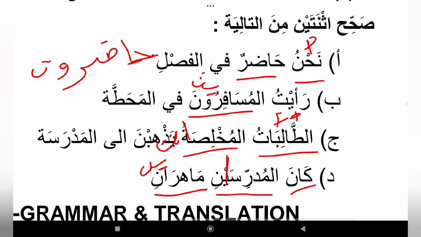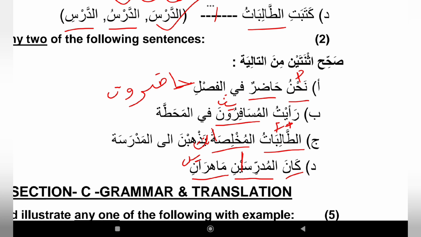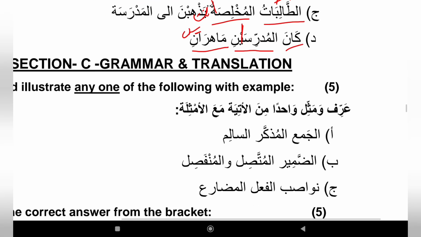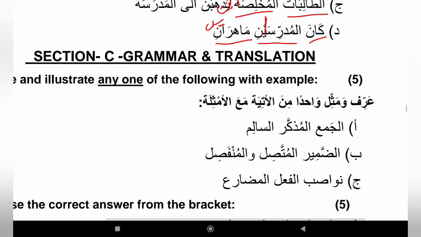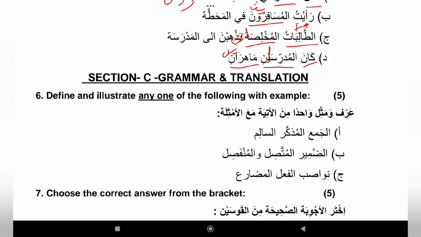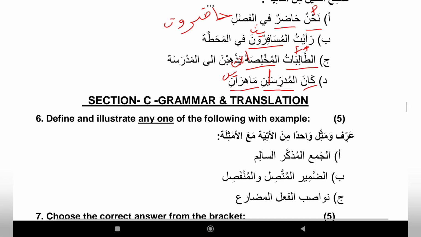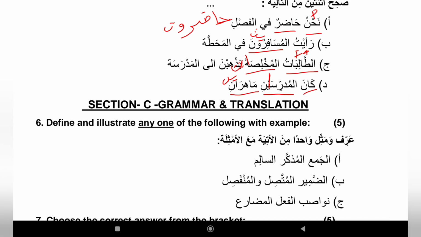If you can explain completely, write three examples: with the accusative case, and examples with ya and nun, waw and nun.